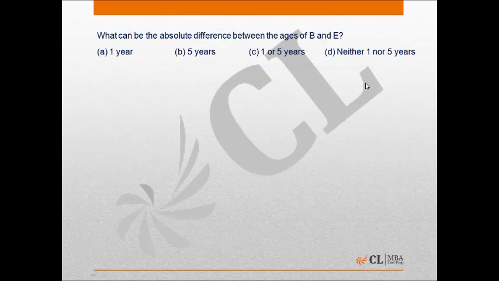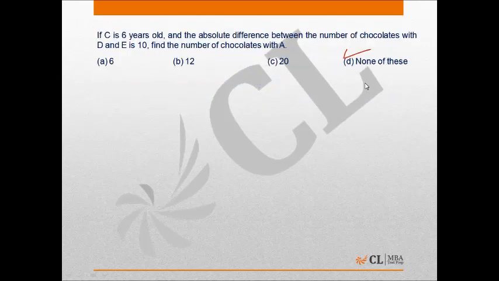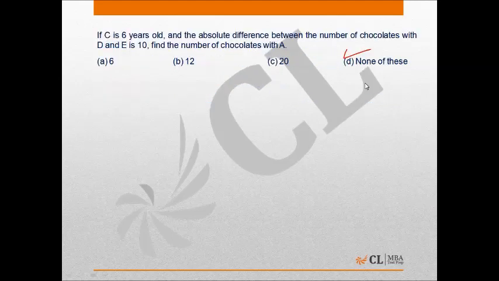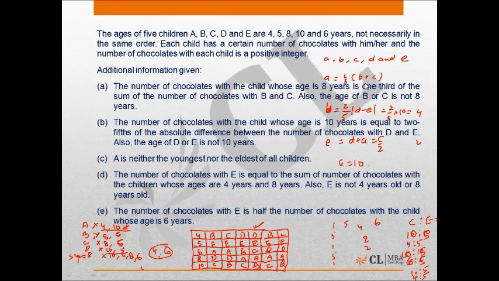Now to the next question. What can be the absolute difference between the ages of B and E? So let's check it. B and E in the first case is 1 year. In the second case it is 5 years.